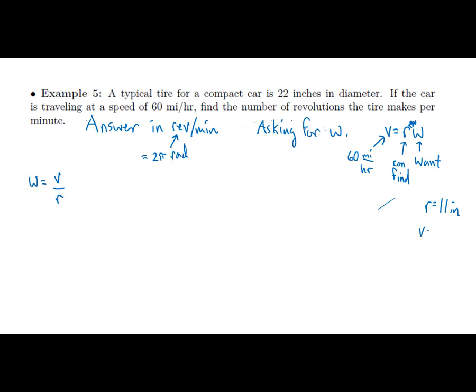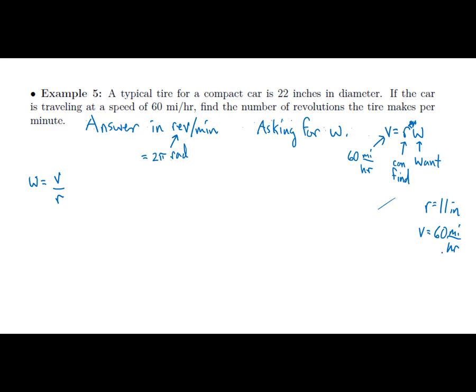And V is 60 miles per hour. So I can't just plug 60 and 11 in over here, because the units are not matching up. I have inches here, I have miles here. I want those units to be the same. So I either need to convert inches to miles or miles to inches.